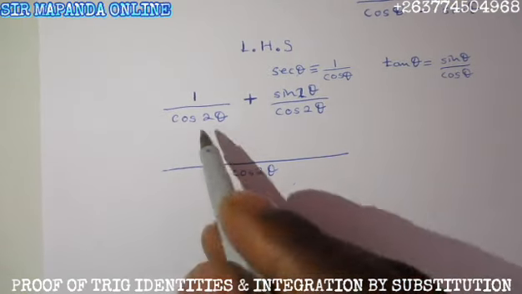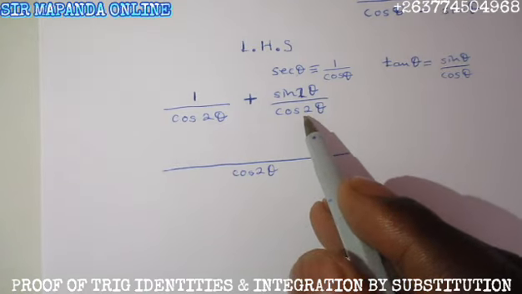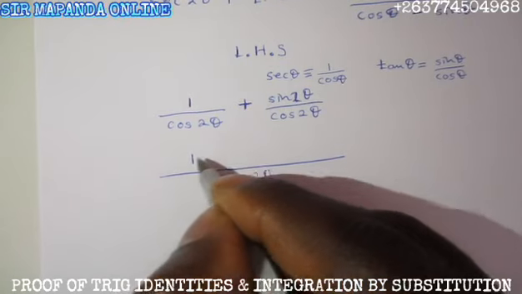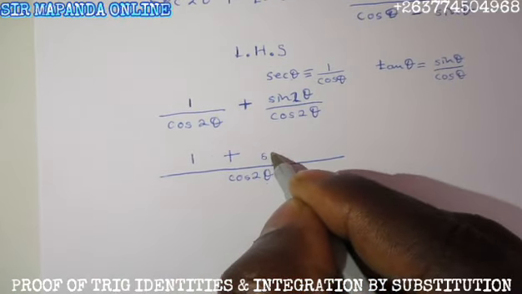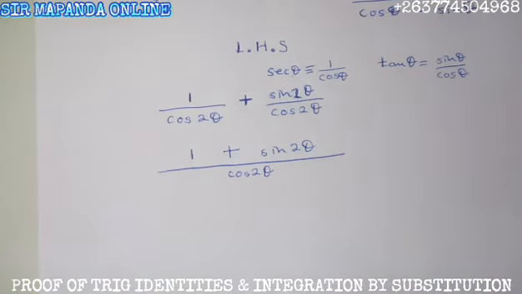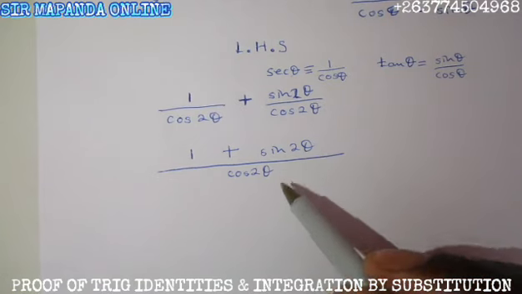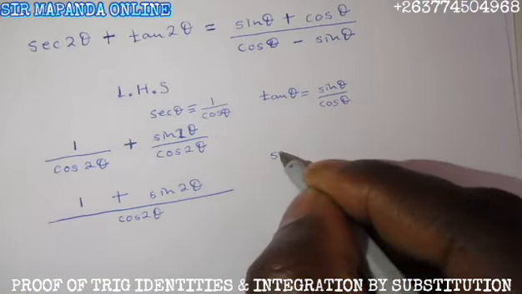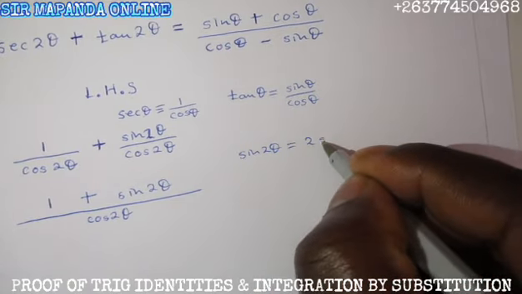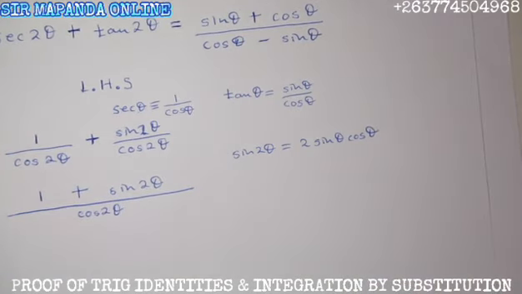So cos 2θ and cos 2θ, if we've got a common denominator both sides, you simply add the numerators. So we now have 1 plus sin 2θ on the top. Right. So these are double angles. The double angle for sin 2θ is 2 sin θ cos θ.